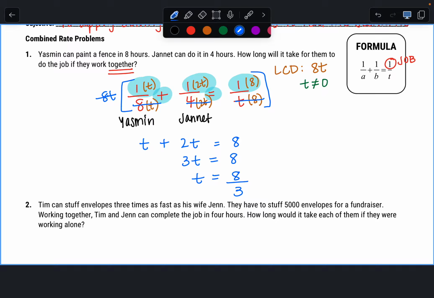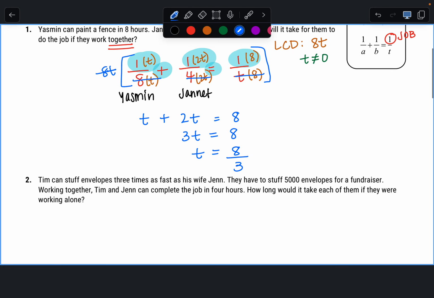Now, this is asking how long will it take for them to complete this job together. So if I want them to complete the job together, I don't say it takes them 8/3. We have to convert this to hours and to minutes. So how many times does 3 go into 8? Twice. So this is going to be 2, and it doesn't go in perfectly, because 2 times 3 is 6.